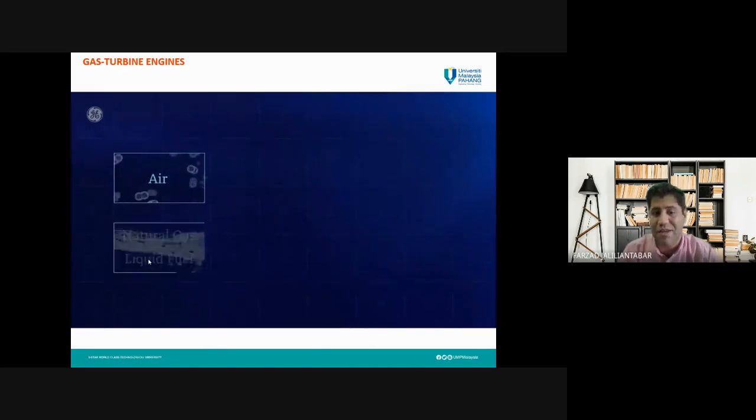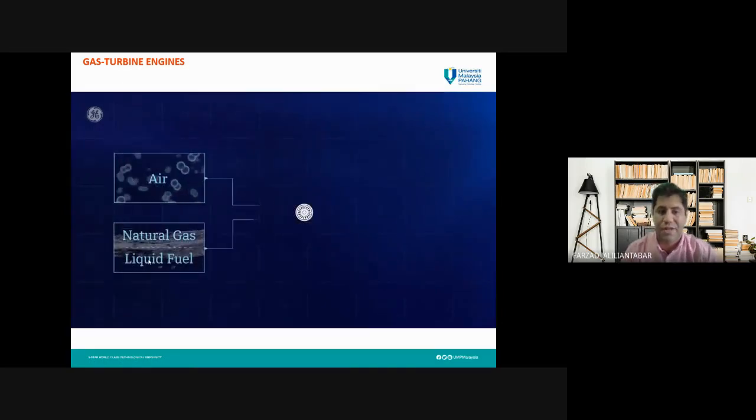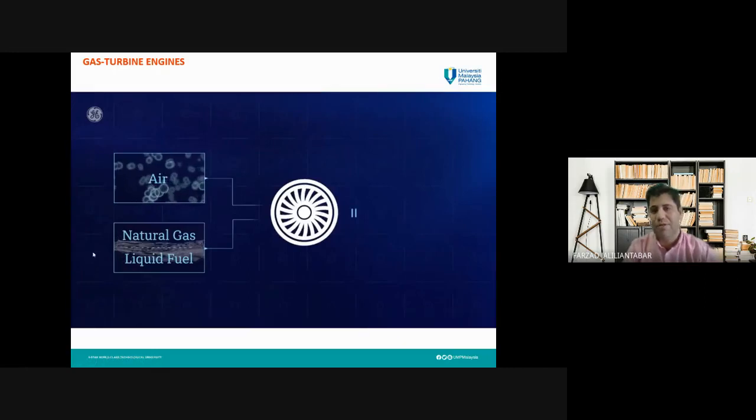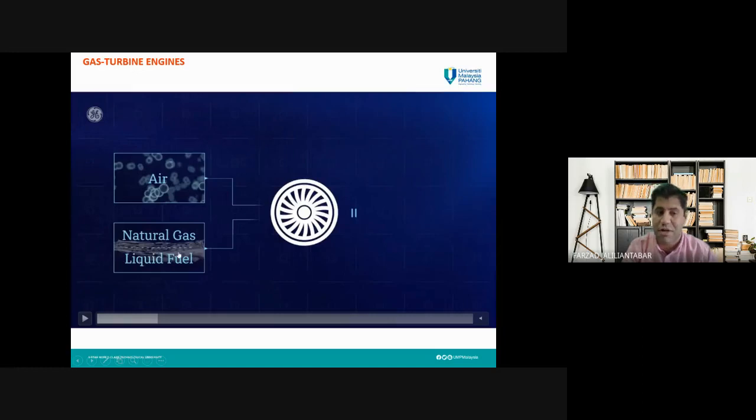We have air and natural gas or liquid fuel. So here, similar to what we had for the internal combustion engine, and like other types of power cycles which we are discussing, we need to have a heat source. The heat source again comes from the combustion reaction between a type of fuel, which can be natural gas or liquid fuel, and air.